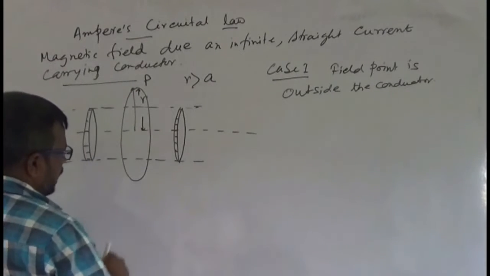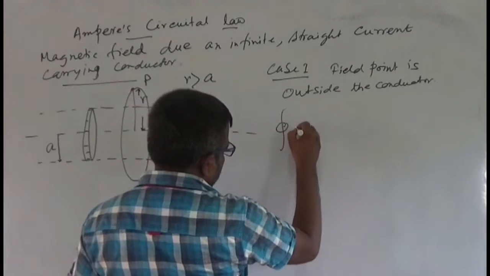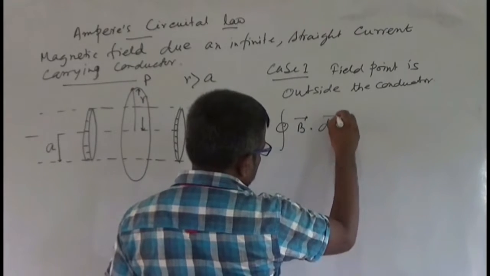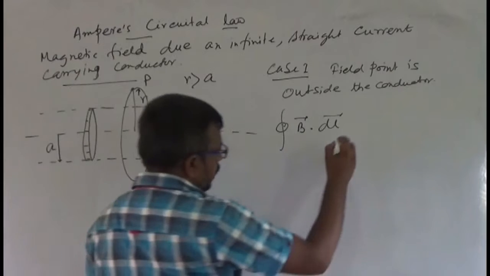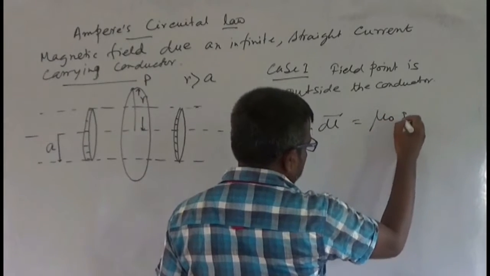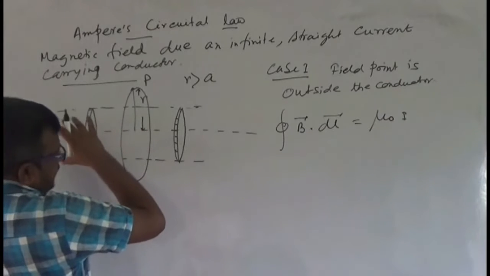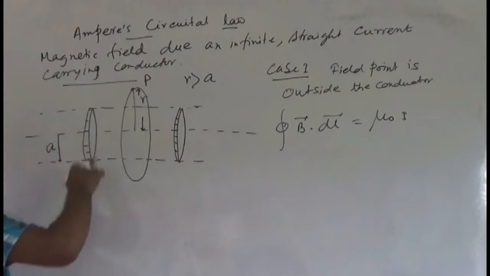This is the closed path. Then, according to Ampere's circuital law, we can write the closed integral of B dot dl is equal to mu naught I, because the total current flowing through the conductor, which is I, is enclosed by this path.